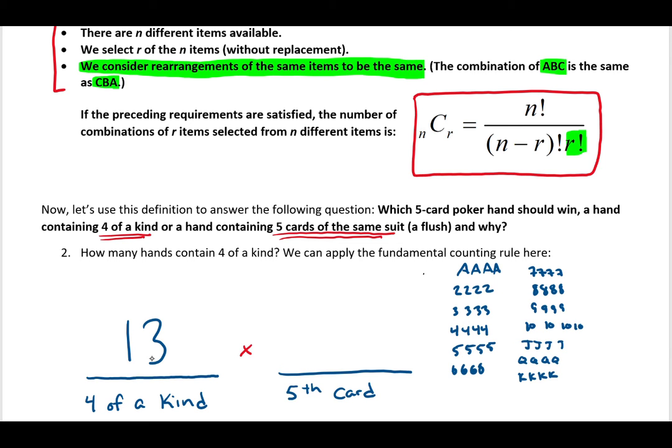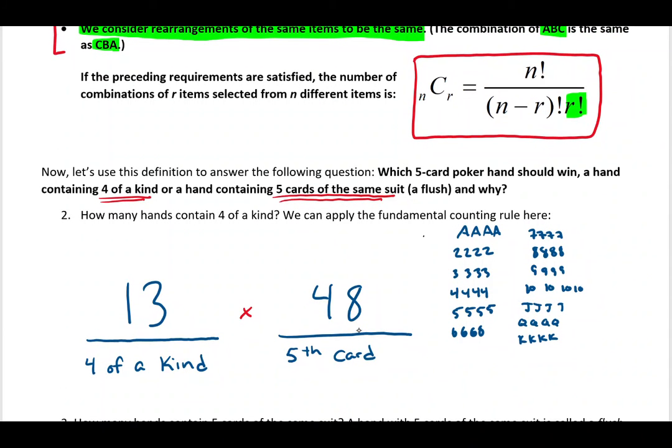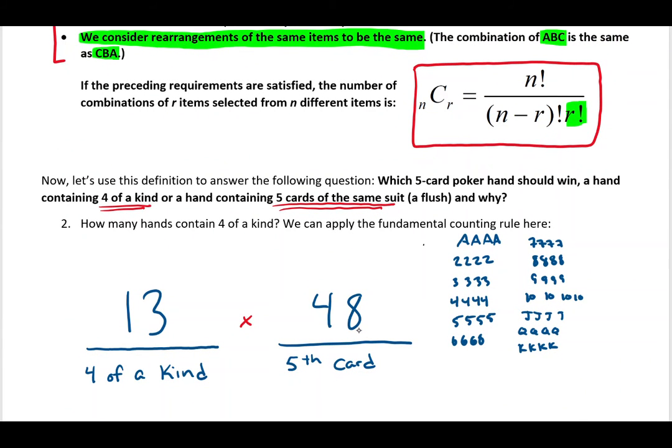That accounts for 4 cards. And so once you have 4 of a kind, how many options do you have left for card number 5? Well, there's 52 cards in the deck. 4 of them are gone because there's a 4 of a kind that came first. So that leaves you 48 cards left in the deck. So 13 times 48.